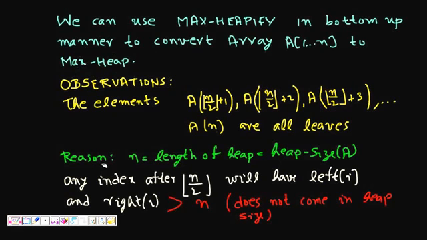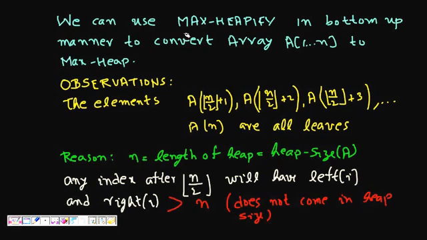So we can use max Heapify. Max Heapify was the function that we wrote to make a heap follow the max heap property, in which the parent's value is more than both its left and right child's value.